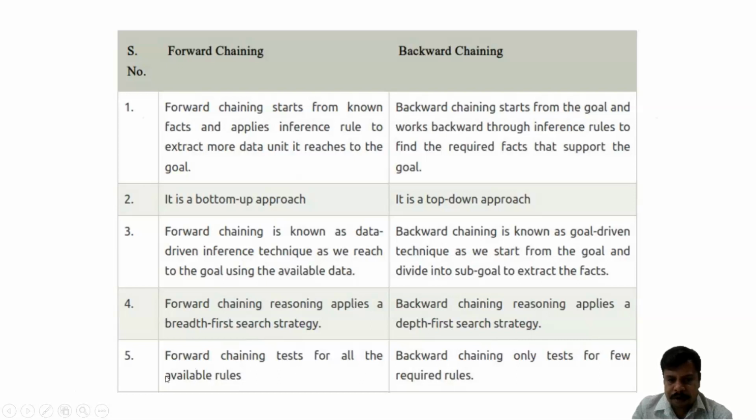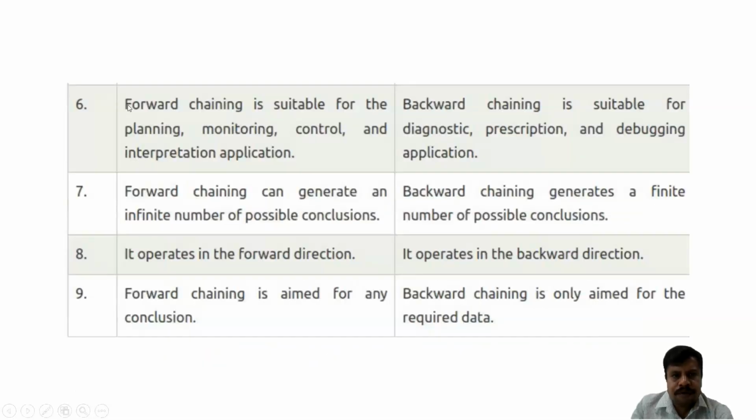Forward chaining tests for all the available rules. Backward chaining only tests for a few required rules. Forward chaining is suitable for planning, monitoring, control, and interpretation. Backward chaining is suitable for diagnostic, prescription, and debugging applications.